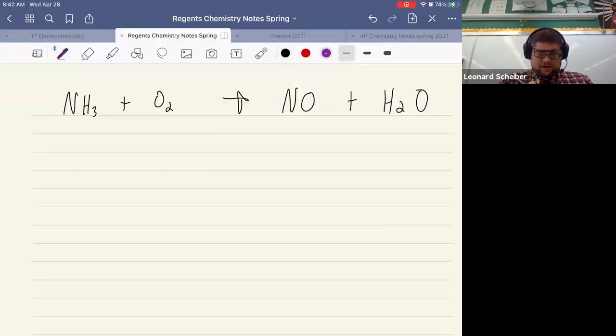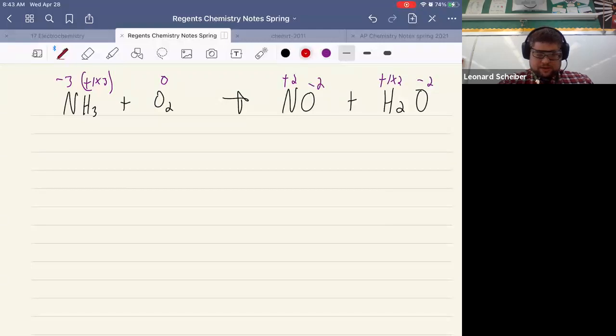Over here, H is going to be +1 because it's the lower electronegativity, times 3. N is therefore -3. O is all alone, so it's neutral. Over here, O is -2 because it's the higher electronegativity over N. So that's +2, -2, +1 times 2.